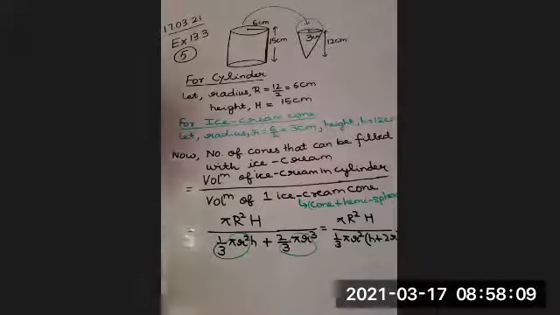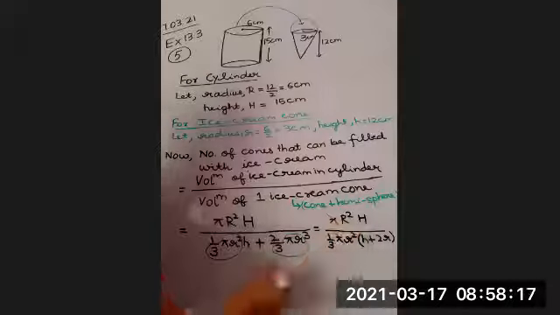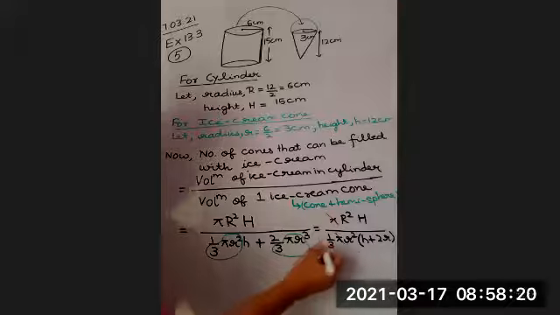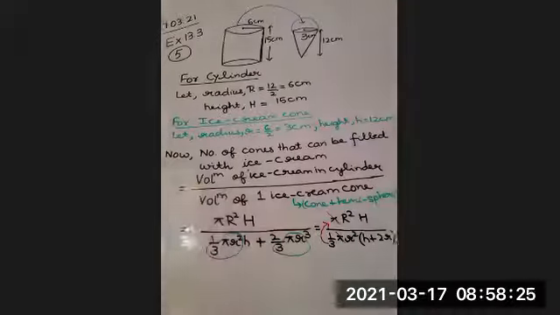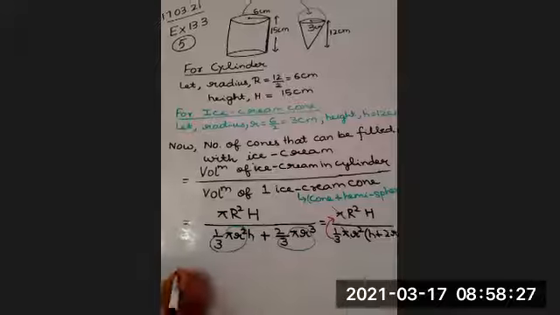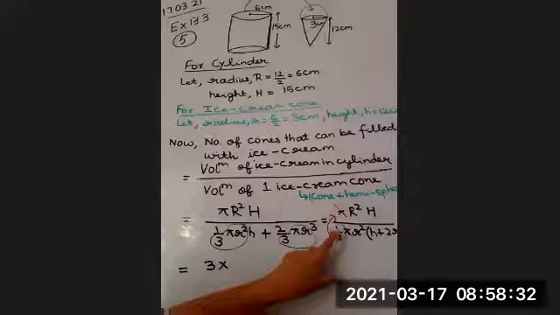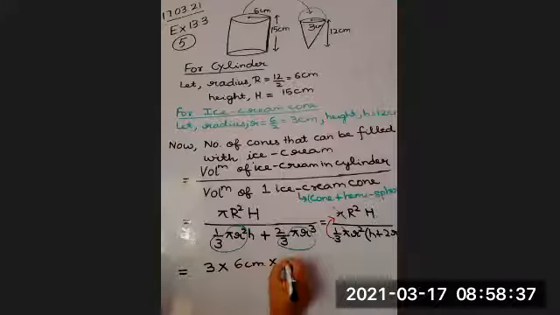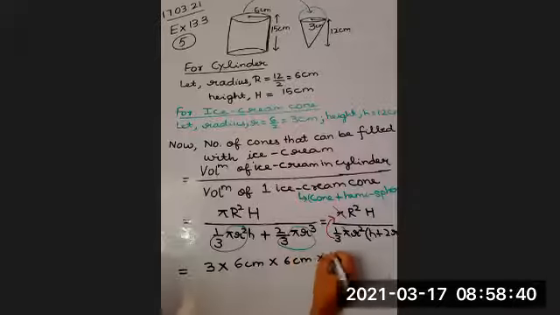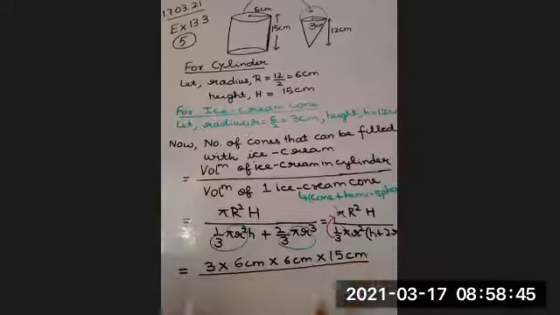Fine. Now what can be cancelled? Pi and pi gone. This 3 will be there in the numerator. So this becomes 3, capital R is 6 centimeter into 6 centimeter into 15 centimeter divided by small r square.